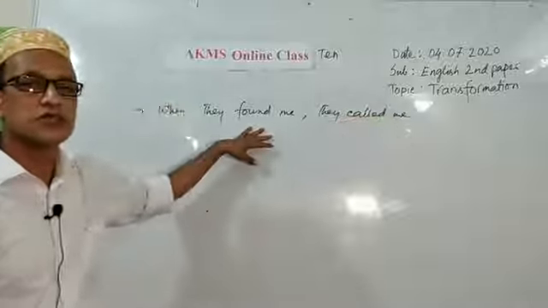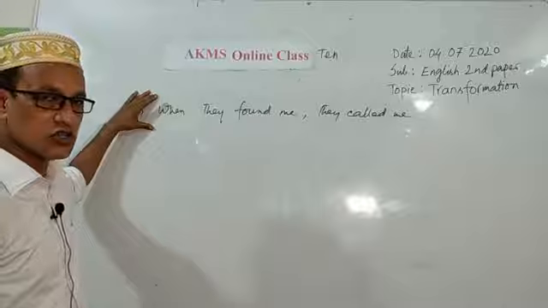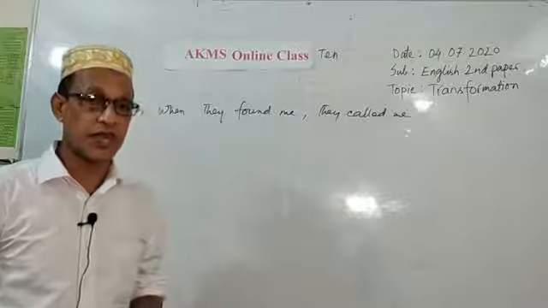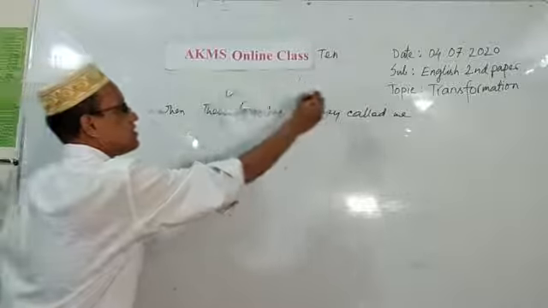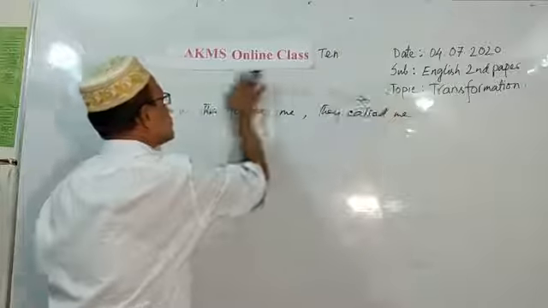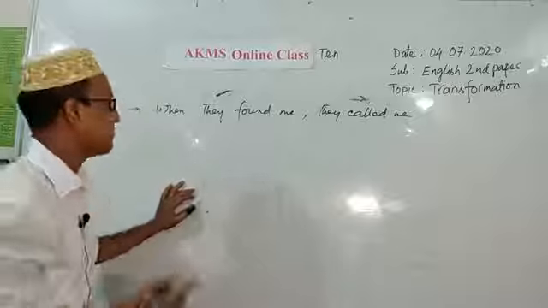These two clauses have been joined with the conjunction when. And all of you know that when indicates time. When indicates time. These two actions were held at the same time.